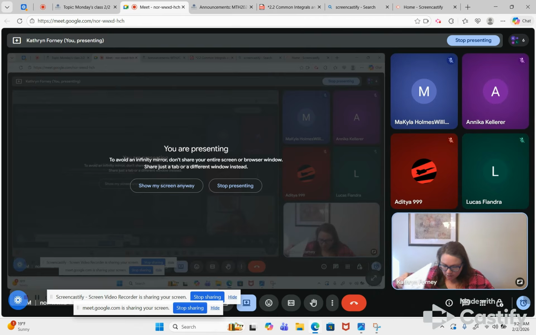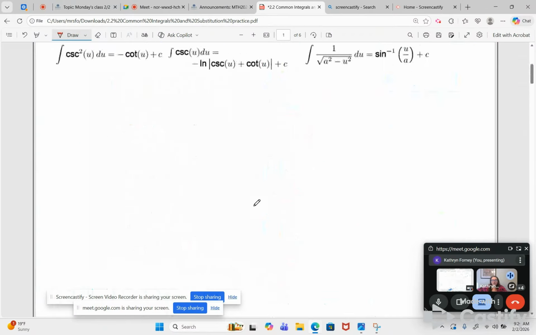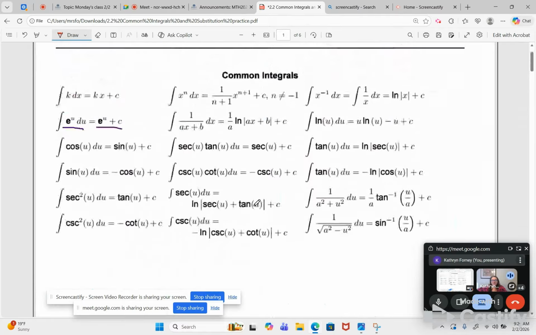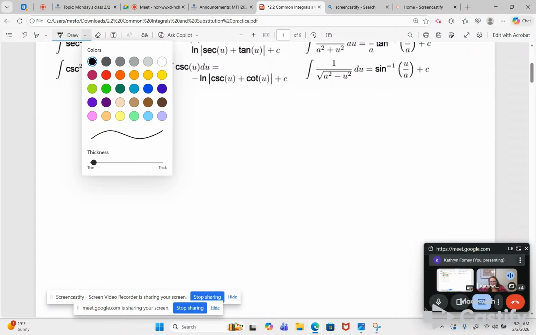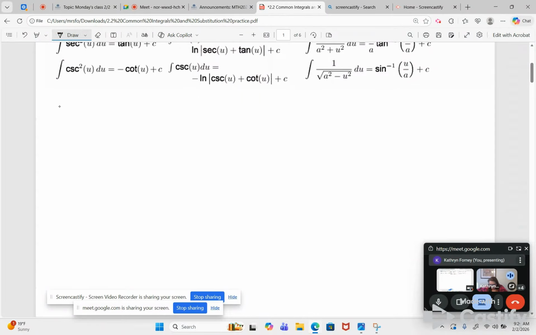So I'm going to first go back up here, and I'm going to do a couple trig. I don't know, we may have done some of these before, but I wanted us to look at some trig examples.